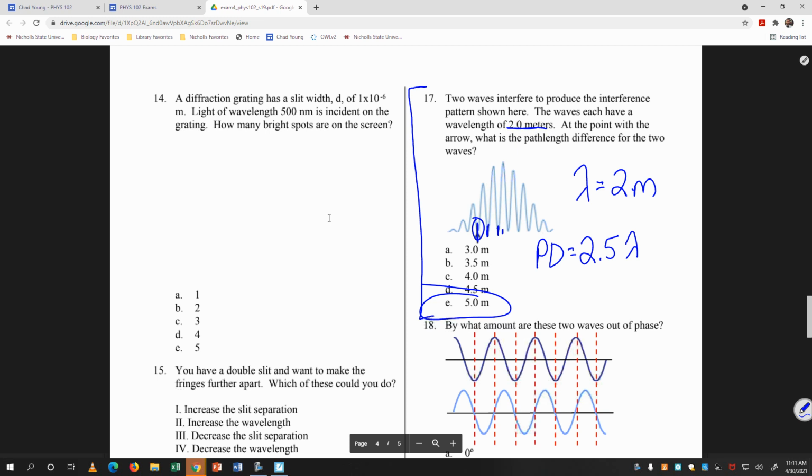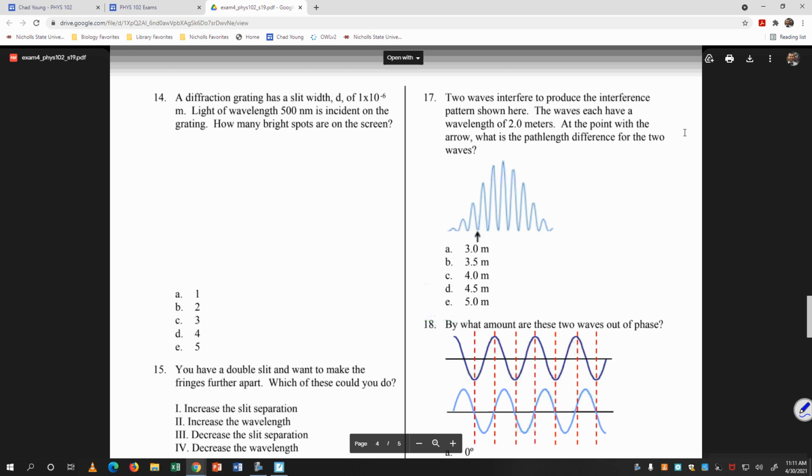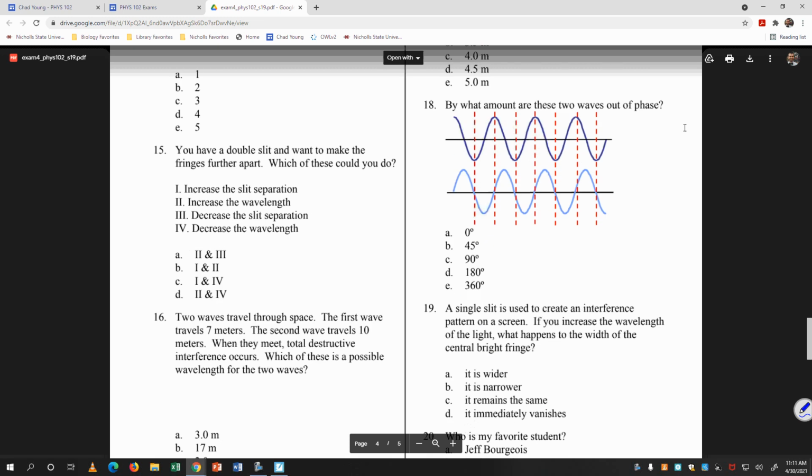Similarly, right here, number 18. By what amount are these two waves out of phase? Well, the two easy ones are these. This one is 0, right, because those are completely in phase. Or 360, so this is 0 or 360.